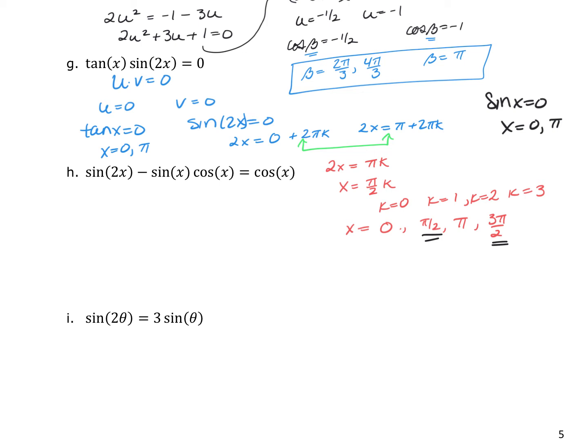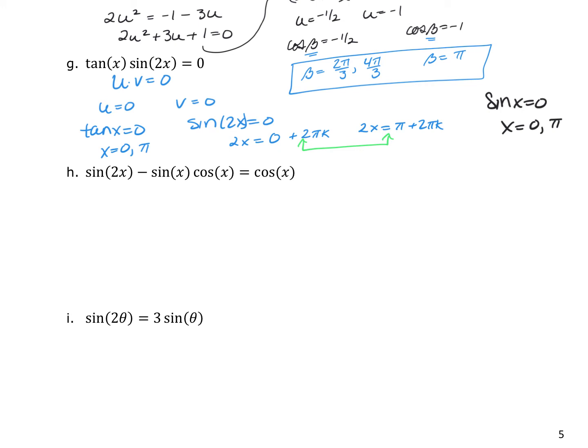My next example, I will simplify with identities, but my first example, if you did, you lost 2 solutions. You lost the pi halves and you lost the 3 pi over 2. So be careful that you're not going to just necessarily just jump right in and find solutions. Sometimes you're going to have to do a little bit of work first and not use identities.